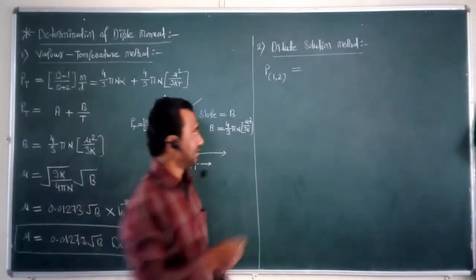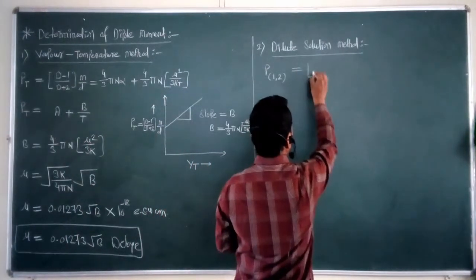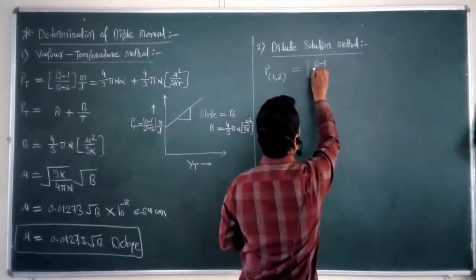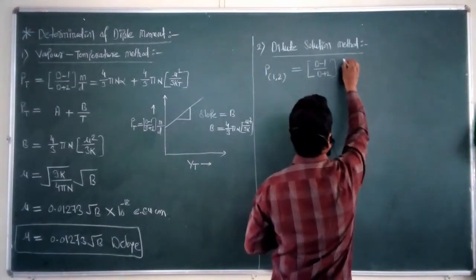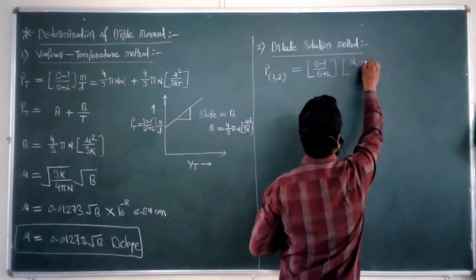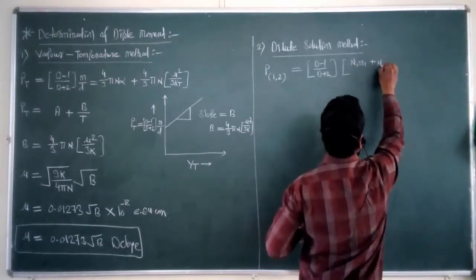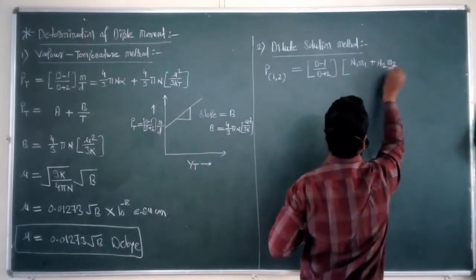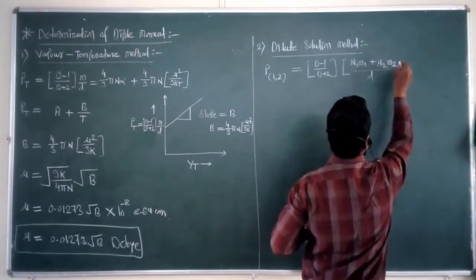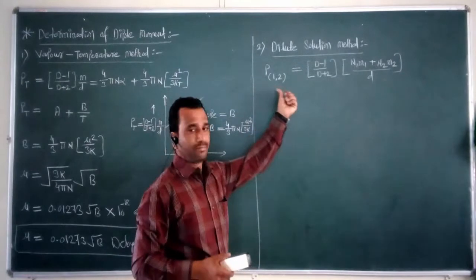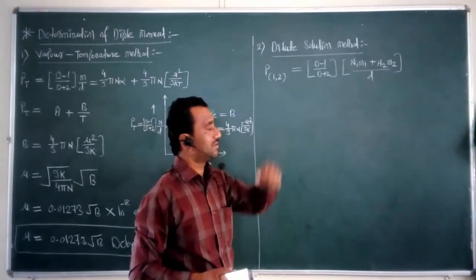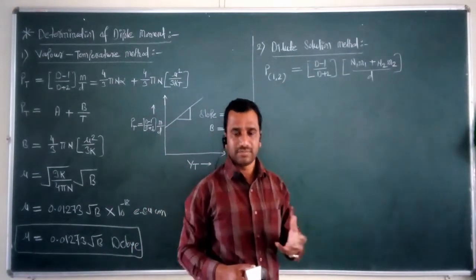So this equation is nothing but (D minus 1) upon (D plus 2) into (N1 into M1 plus N2 into M2) divided by D. So this is our equation to calculate the total molar polarization of a solution. What are the terms involved?